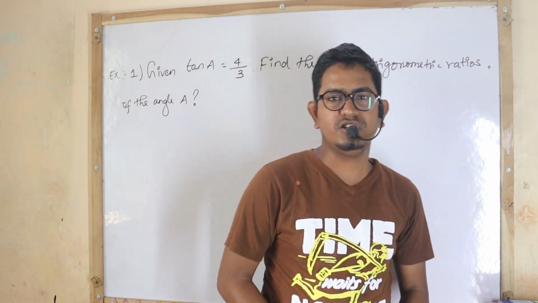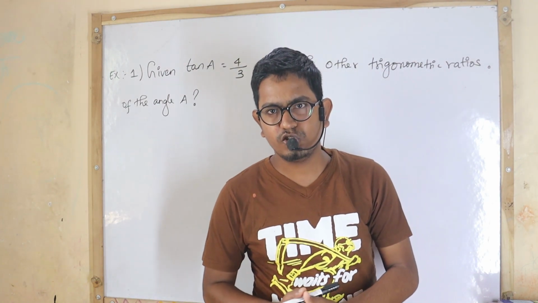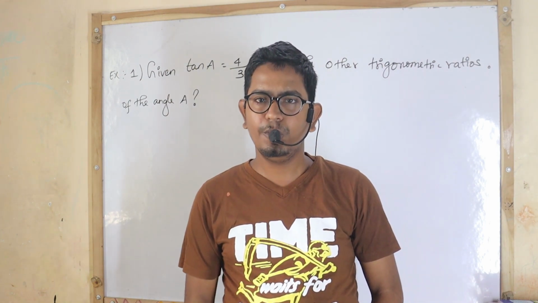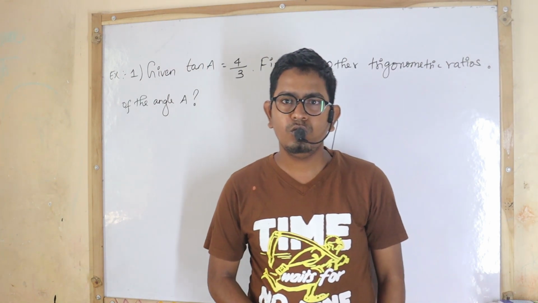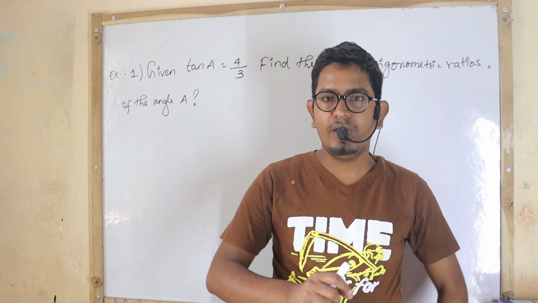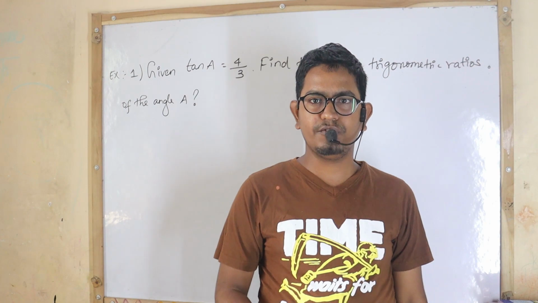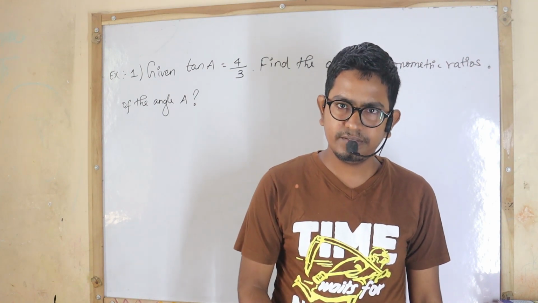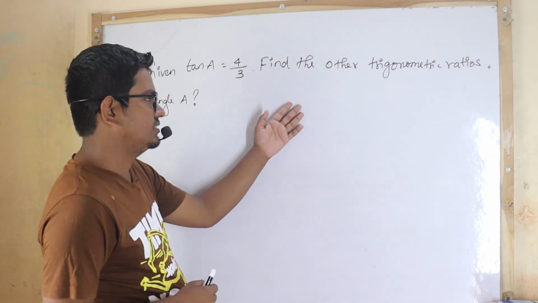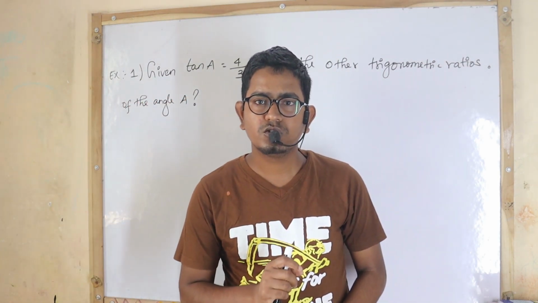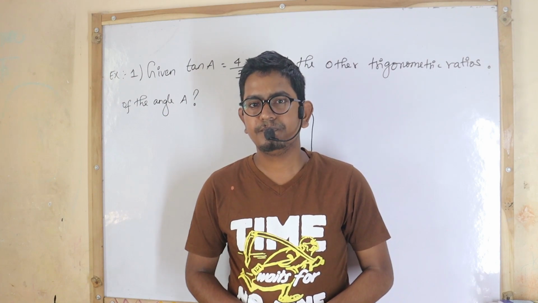In the previous session, I discussed the trigonometric ratios. Those who don't know anything about the trigonometric ratios can go and type Braino Academy trigonometry. You will get the first session of the video. Watch it and then come to this session, because without knowing the formula you cannot solve the problem, right?